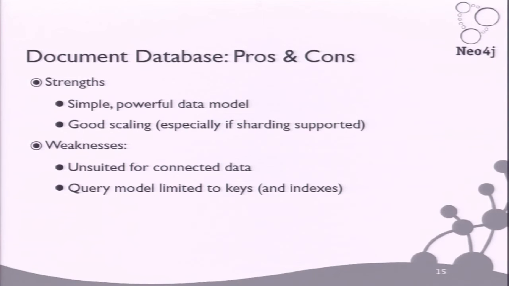It's also easy to get it to scale. It's challenging to model connectivity, which is a good thing if you want to build horizontal scalability. However, it is challenging to model connectivity, and it turns out that a lot of data sets are connected. So in Mongo, what you frequently see is a bunch of key-value pairs where the value is an ID of another document.